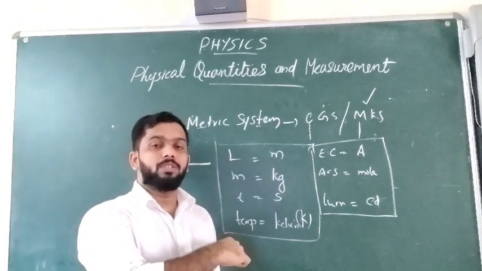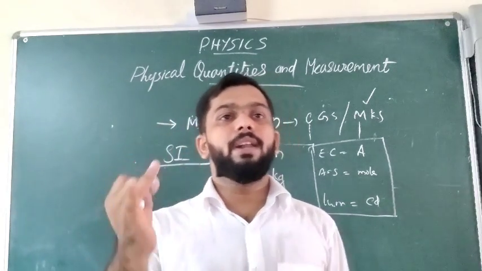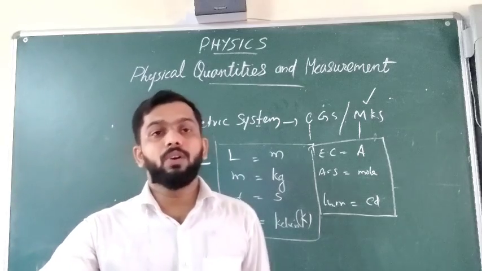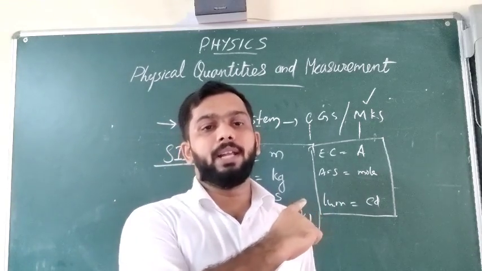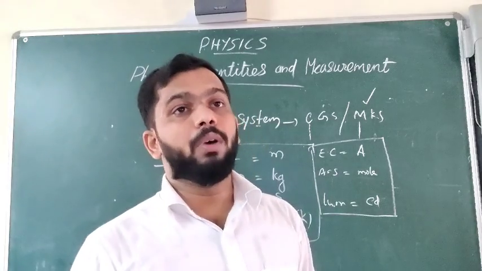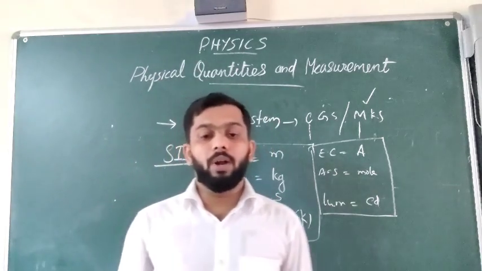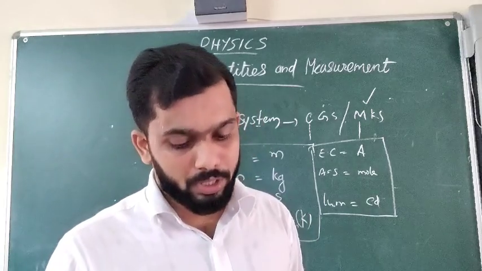This is very important. We need these units in class 6, 7, 8, 9, up to wherever you are studying physics. So this table 3.1 is very, very important. You can mark it in your textbook.